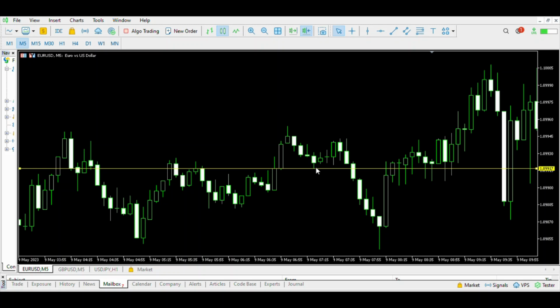Now, why did this happen? I'm reviewing this, thinking, okay, what happened? But before that, when price came down here and pulled back up here, I expected it from here to start pulling down to continue this trend. But as you can see, it just stalled, rejecting going back down here.